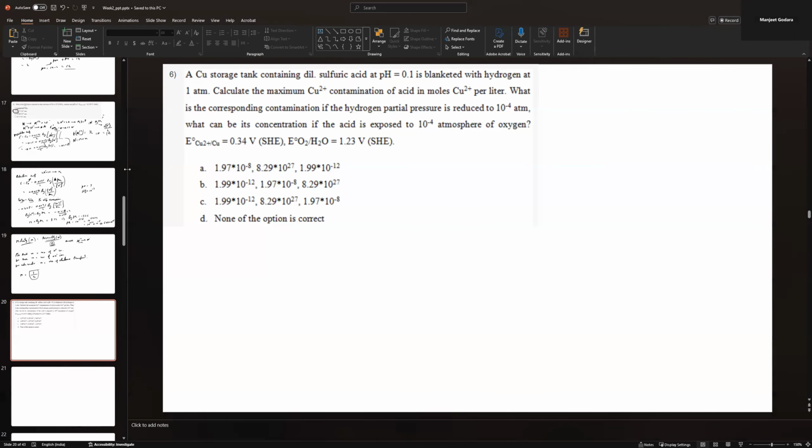Given the pH is equal to 0.1, we can calculate the H plus ion concentration.